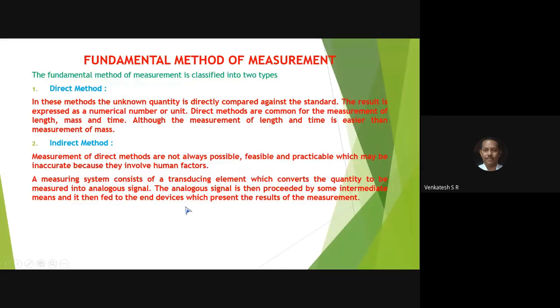So you have two more translations, that is the analogous signal is converted into a voltage signal and the voltage signal is converted into a digital signal, and the digital indicator presents the result of the measurement in kilometer per hour. This much is enough for this class, and I will continue in the next class.